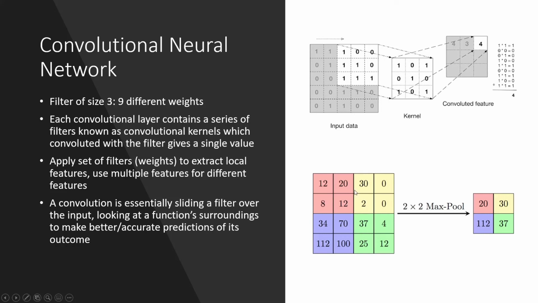And we also have max pooling, which is reducing the matrix. Pooling is basically a way to get from each region, you decide the pooling size, one value. In this case, max pool is just max. You just get the highest value of it. In this case, 12, 30, 112, and 37.